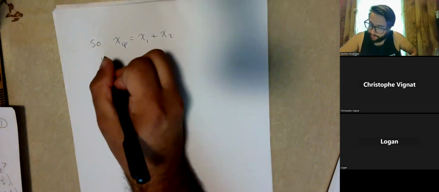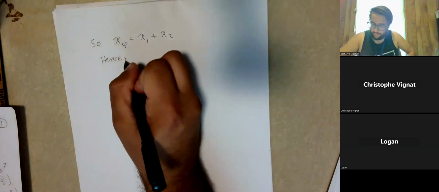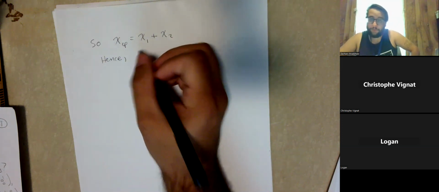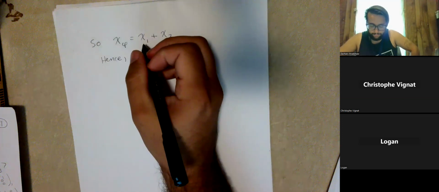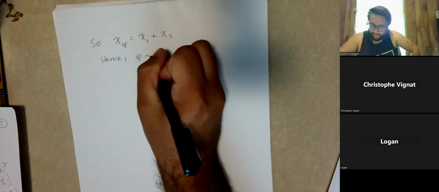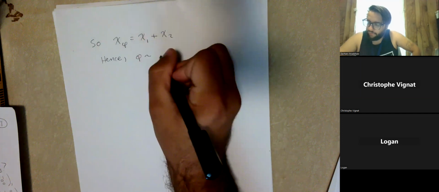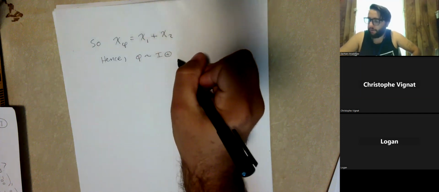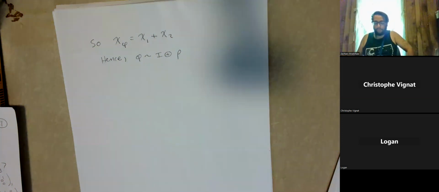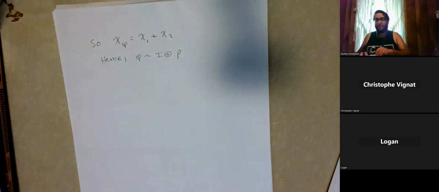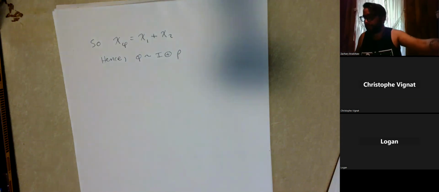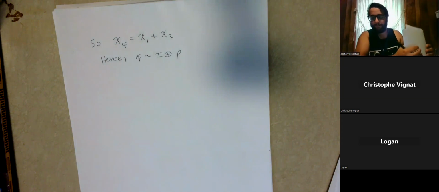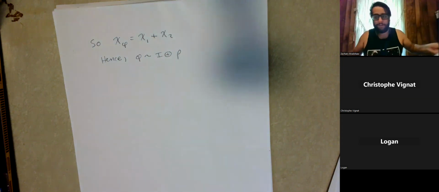And hence, since the irreducible representations are determined by their character, we see that phi is equivalent to the trivial representation plus that degree 2 representation, which I think we called rho. And so it's just as simple as that. I mean, it really doesn't get any simpler. Any questions?